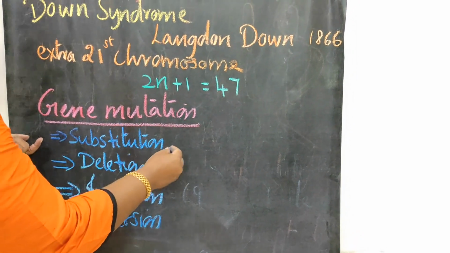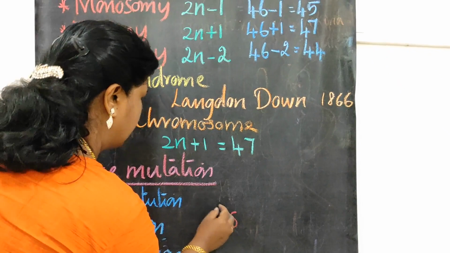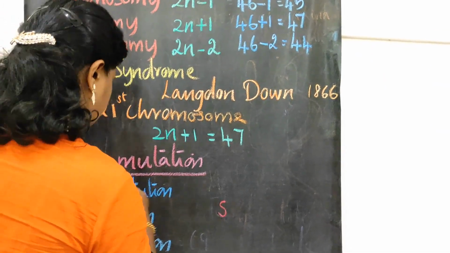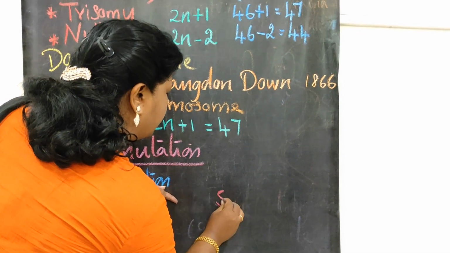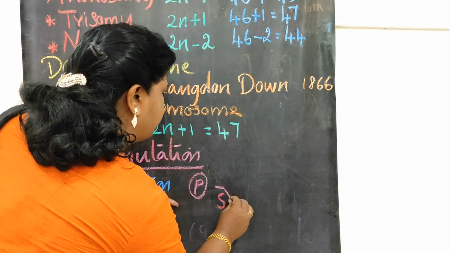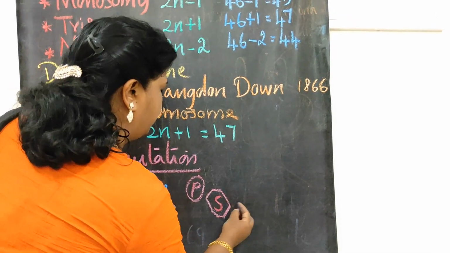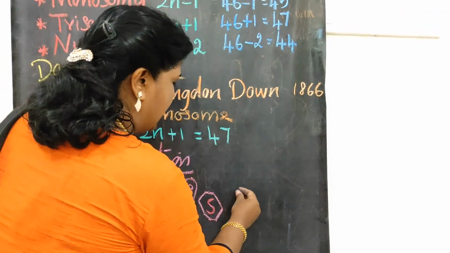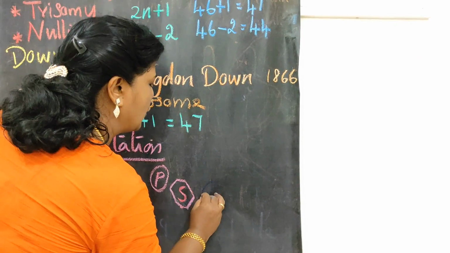So when you are taking this DNA, see here there is sugar, then a phosphate group, then here the nitrogenous base. For example, here there is guanine.